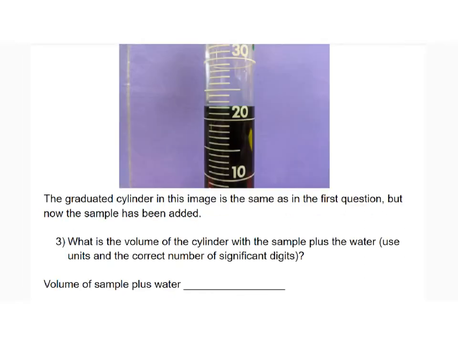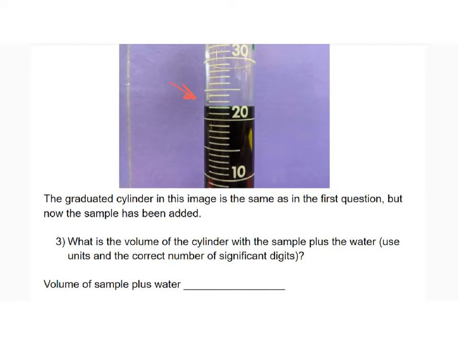So the final measurement that we're going to take is the volume of the cylinder after adding the piece of metal that was on the balance. That's our sample. So again, I'm looking at this, and the volume of the liquid is up here. Okay, the markings are still at the 1, so I still have to estimate to the tenths.